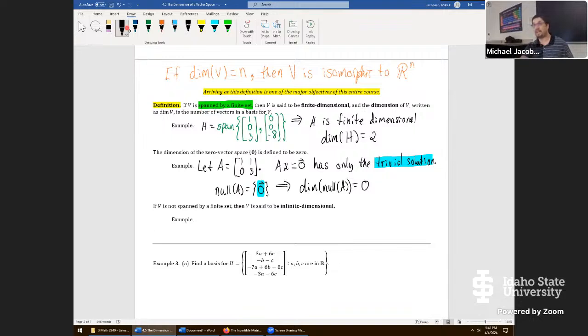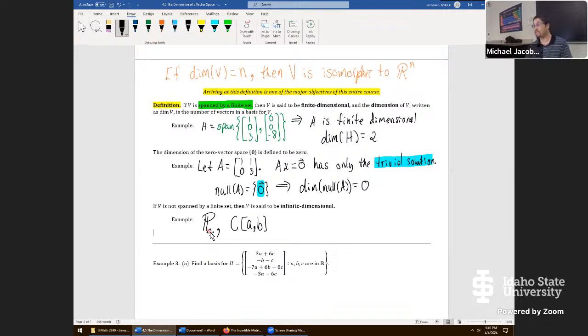But here's one space that has all of those problems. P, or another candidate would be C[a,b]. To remind ourselves of what those are, you can double check section 4.1 for a better description. But P is the space of all polynomials, whether they're of degree 12, 12 million, they just have to have finite degree.